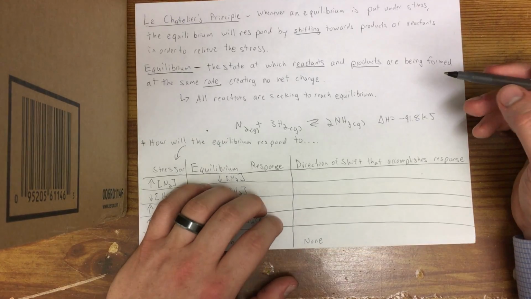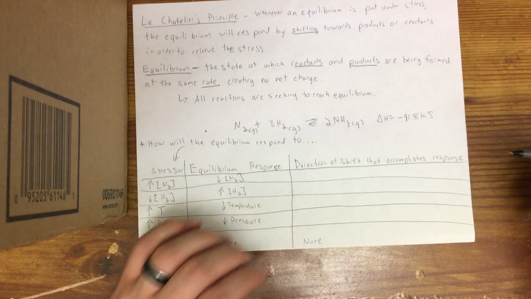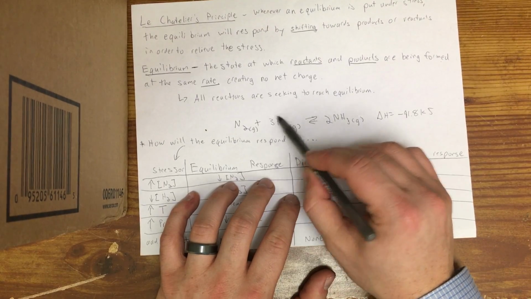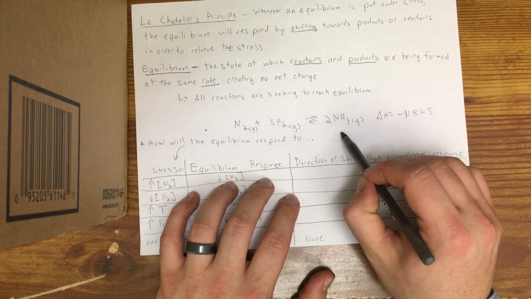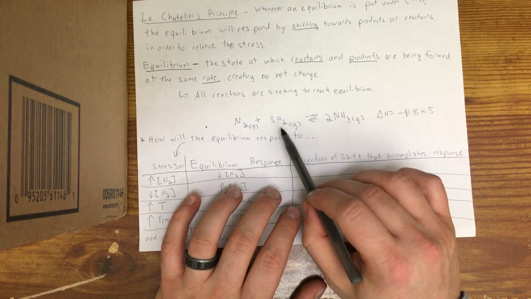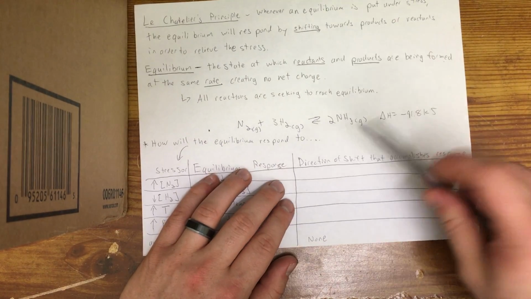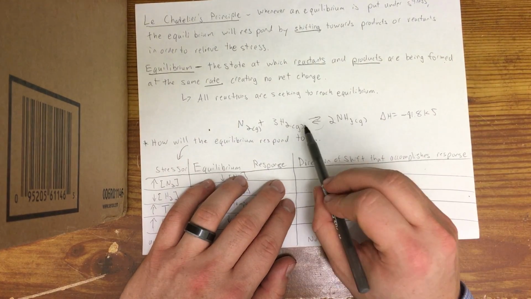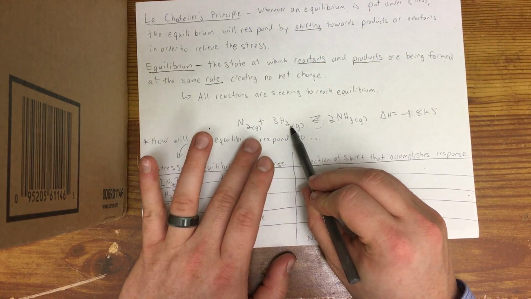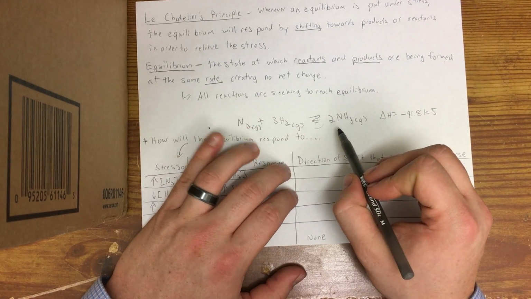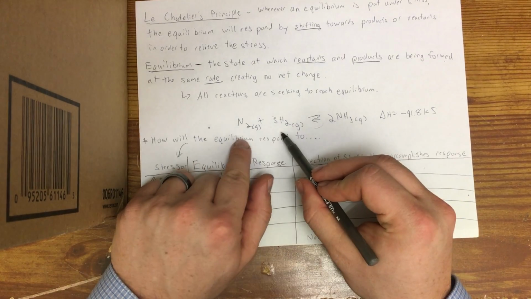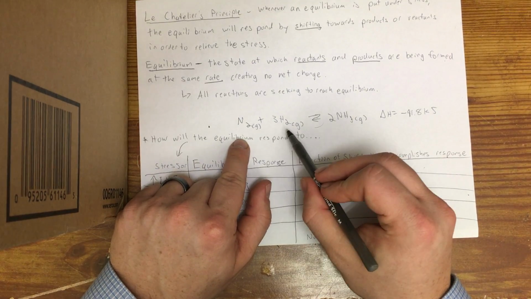So let's take a look at our classic example, the Haber process, where nitrogen reacts with hydrogen in order to form ammonia. When this reaction is in equilibrium, which is signified by this double reaction arrow right here, that means that every time we form two new molecules of NH3, those two molecules of NH3 break back down to form nitrogen and hydrogen.